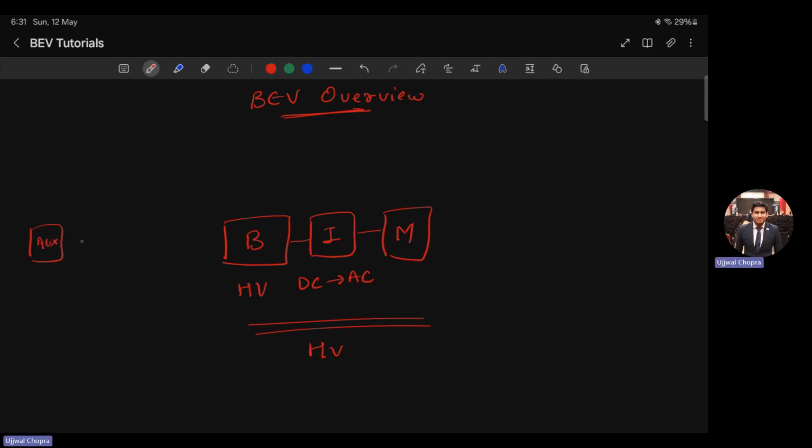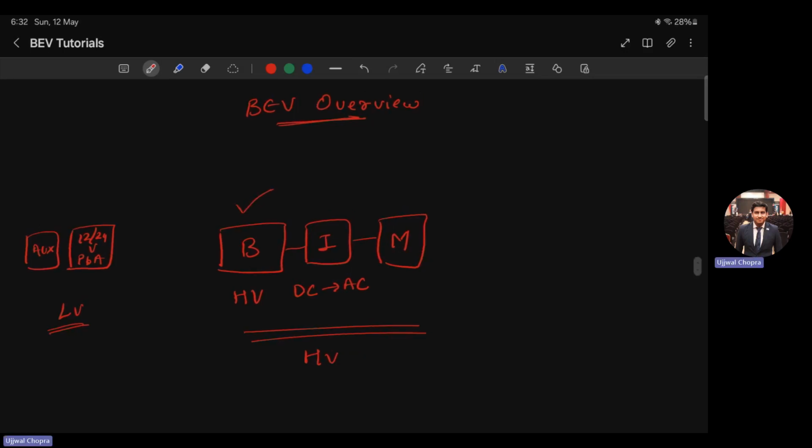So the auxiliary load is powered by a smaller 12 or 24-volt lead acid battery. Lead acid batteries are typically cheap and hence are used for low voltage system. The lead acid battery is in turn charged by the high voltage lithium ion battery whenever needed.